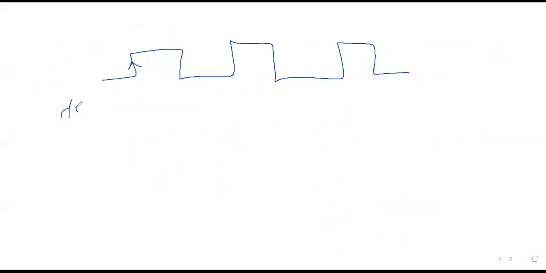A typical clock, 1010101010. As it goes up, this is positive edge triggering. As it goes down, this is negative edge triggering. As it stays up, this is high level triggering. As it stays down, this is low level triggering.